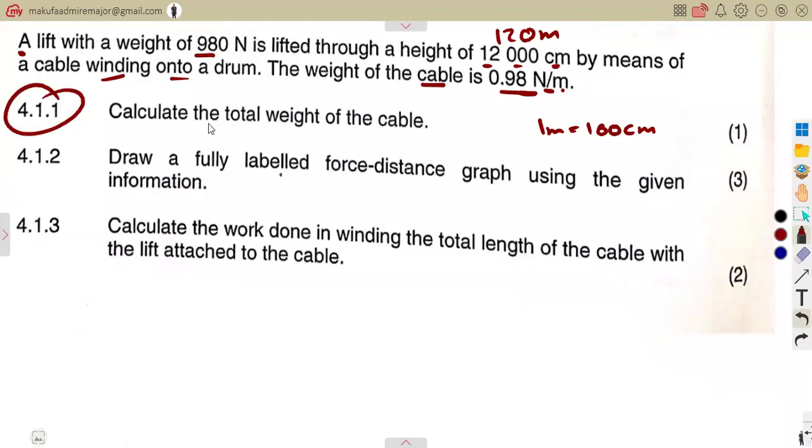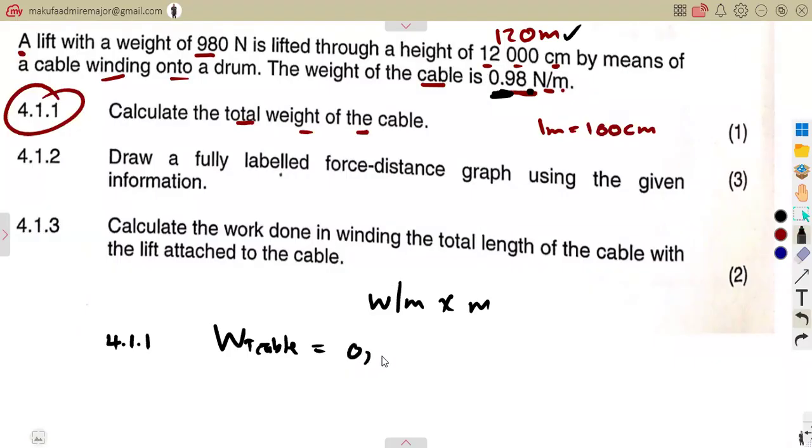All right, 4.2.1, calculate the total weight of the cable. Since we are given the weight of the cable per meter and we are given the total height of 120, we can calculate this. So our total weight of the cable in this case is the weight per meter times the meters. The per meter cancels.